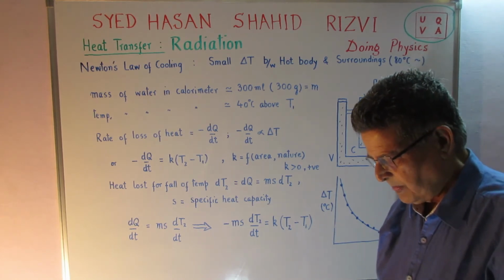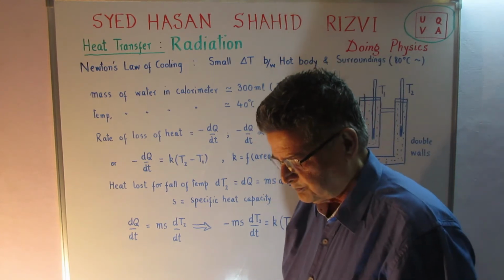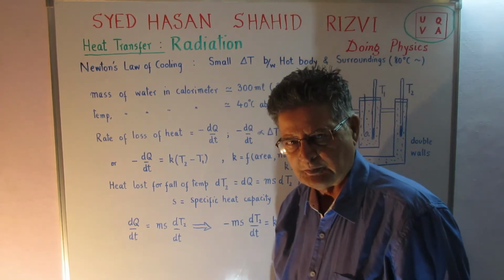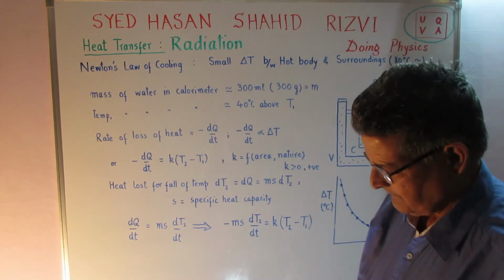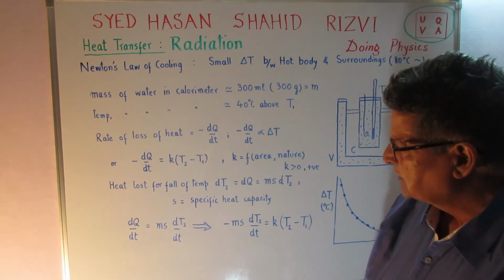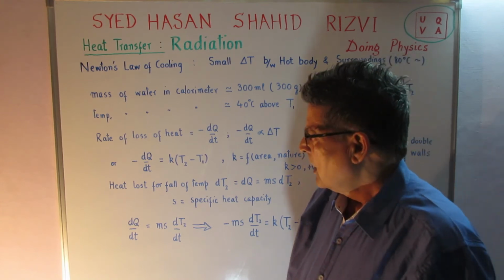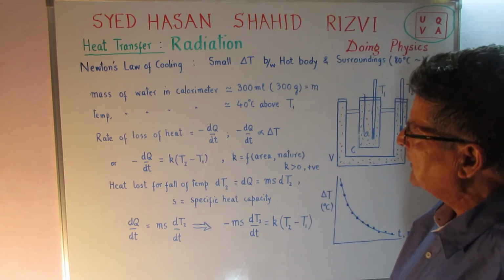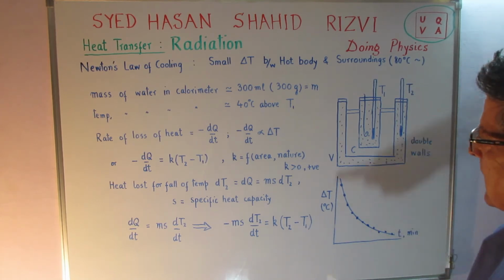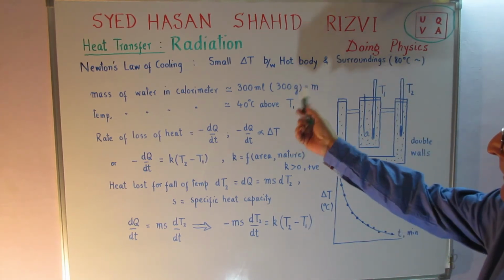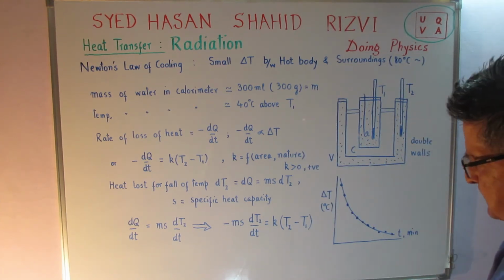Because if the temperature difference between a hot body and the cold surroundings is much larger, then there is another law which is effective, and that is called Stefan's law of cooling. But Newton's law of cooling deals with the fall in temperature.